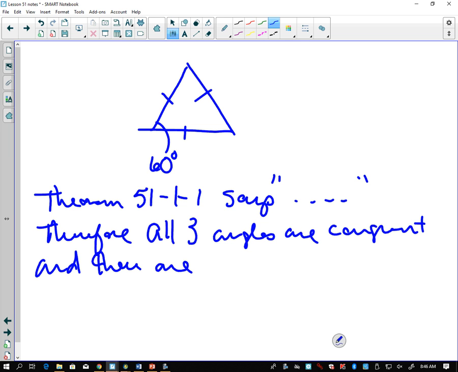Okay, so let's talk about 180. There are 180 degrees where? In most triangles? In all triangles?